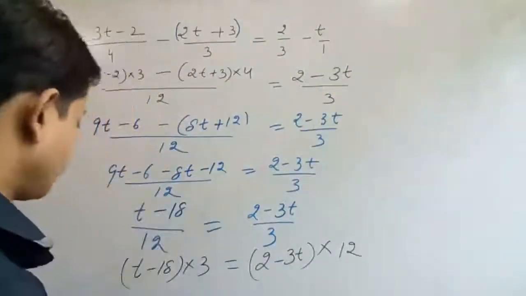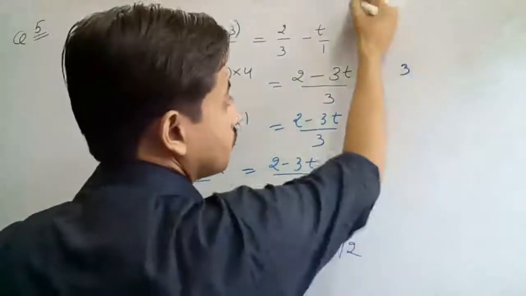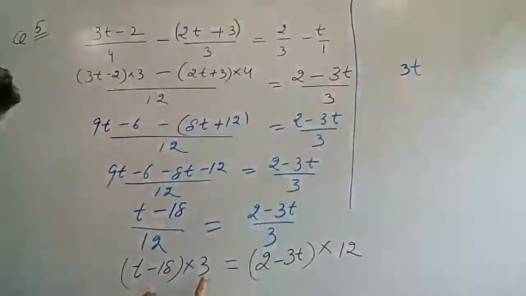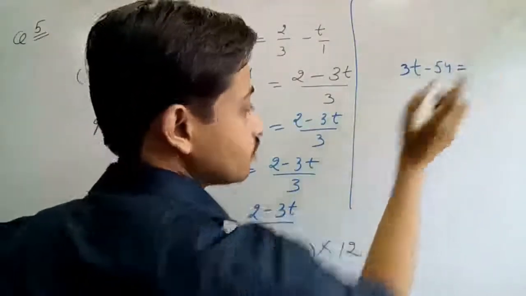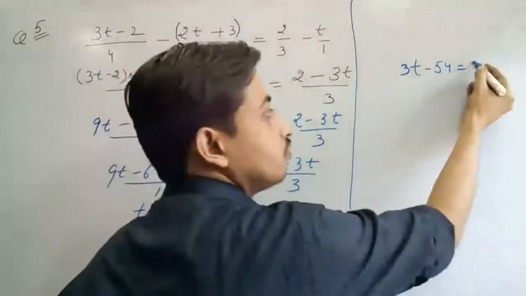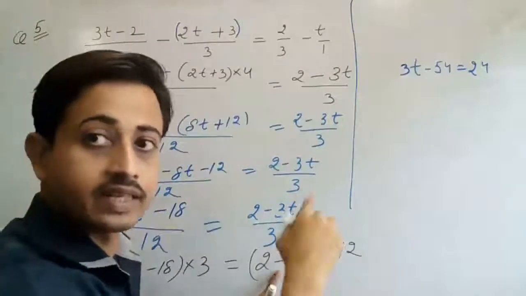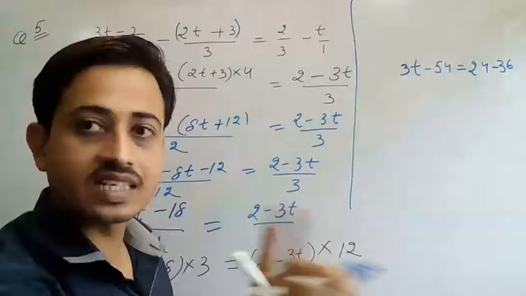Please take a look. 3 multiply t, we get 3t. 3 multiply minus 18, we get minus 54. Do multiply. 12 into 2, we get 24. 12 into minus 3, minus 36t.